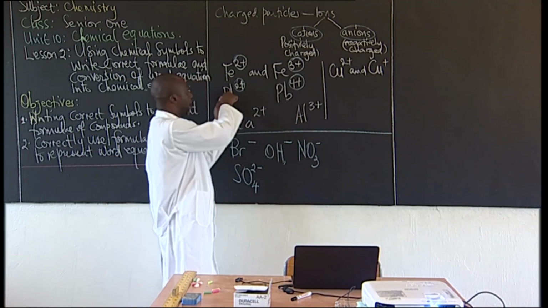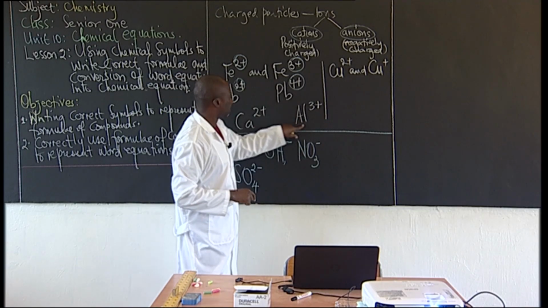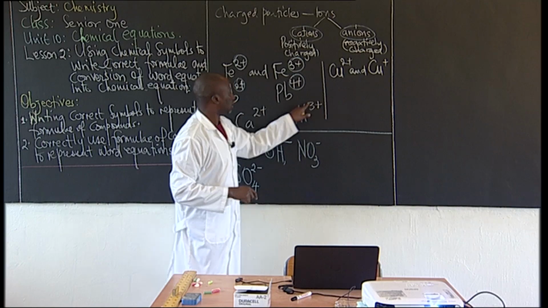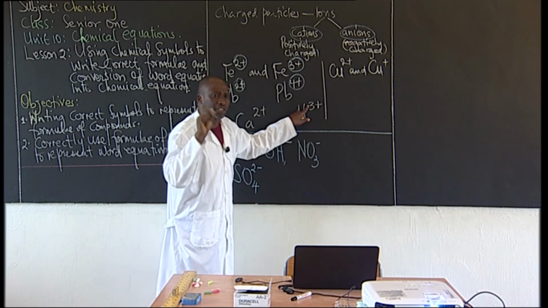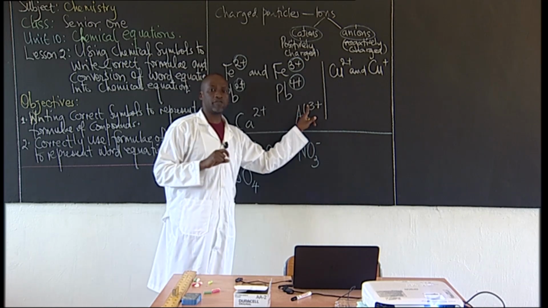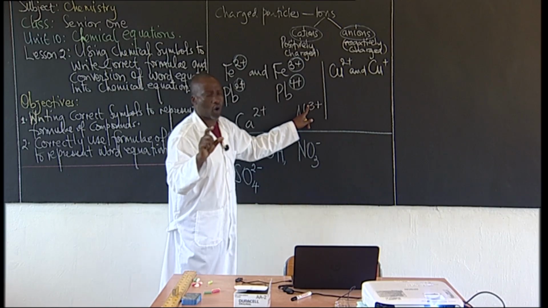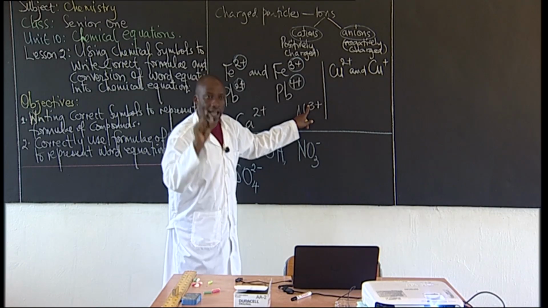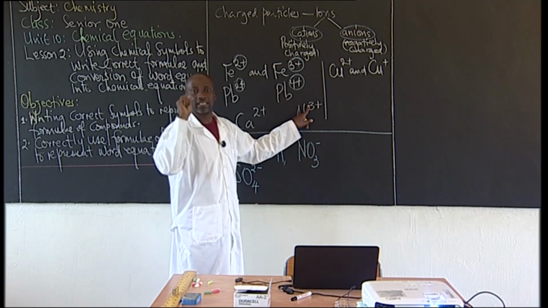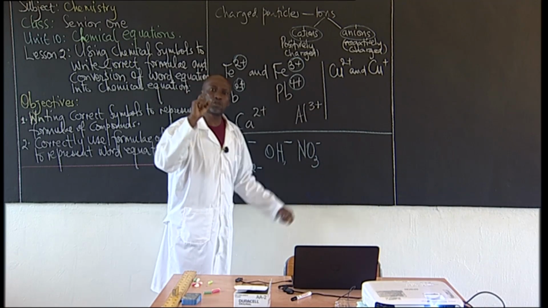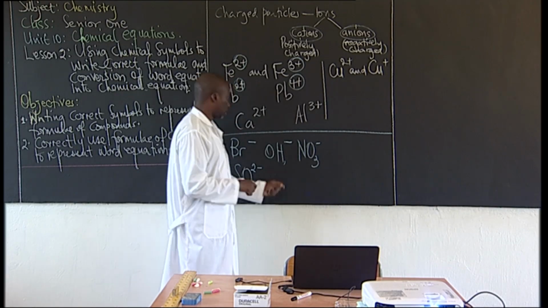So when you come back to the positively charged ions, we said aluminium has 3 positive charges. I want to emphasize that the number of charges corresponds to the valence, irrespective of the charge sign, whether it is positive or negative.